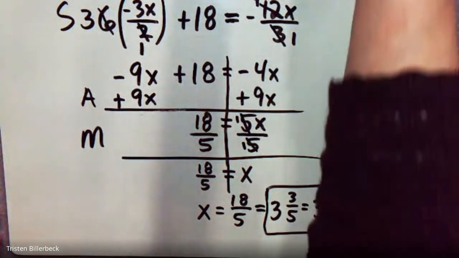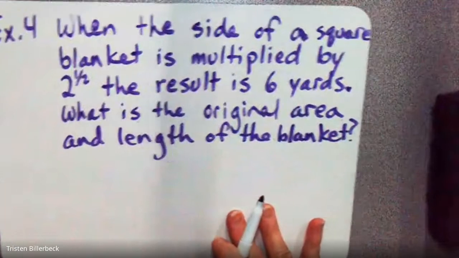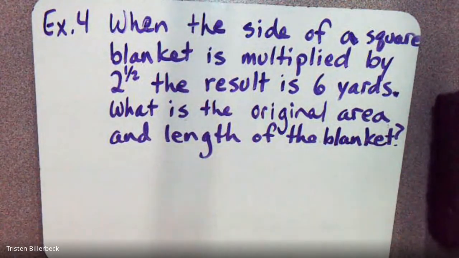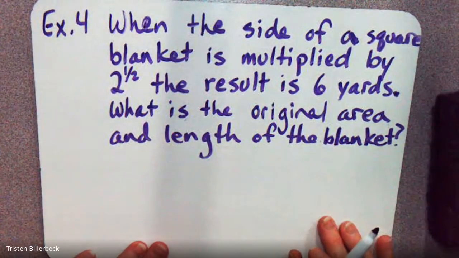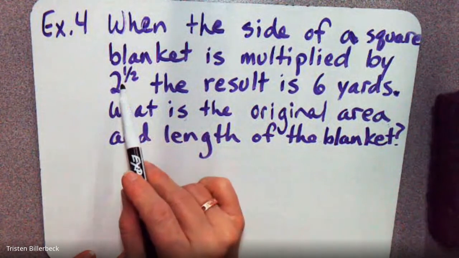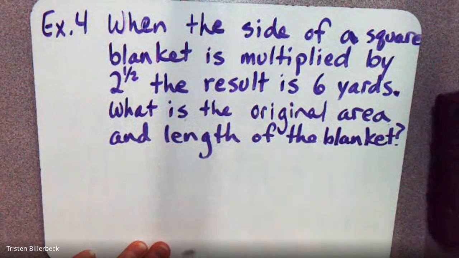All right, let's look at a real life problem. Probably like, why would we do this ever in real life? Well, here you go. Okay, so when the side of a square blanket is multiplied by 2 to the 1/2, the result is 6 yards.